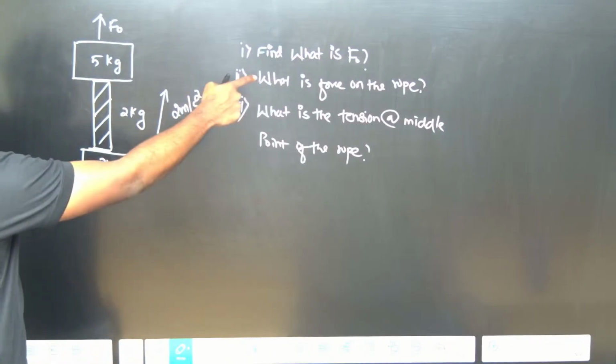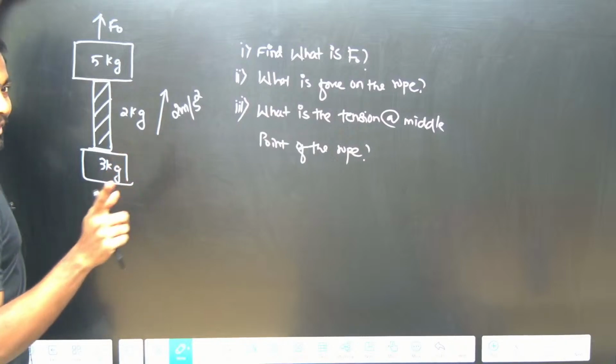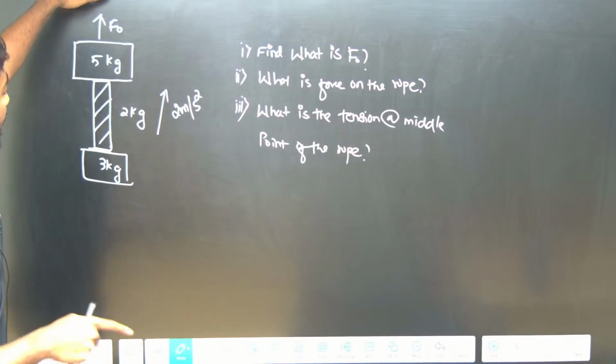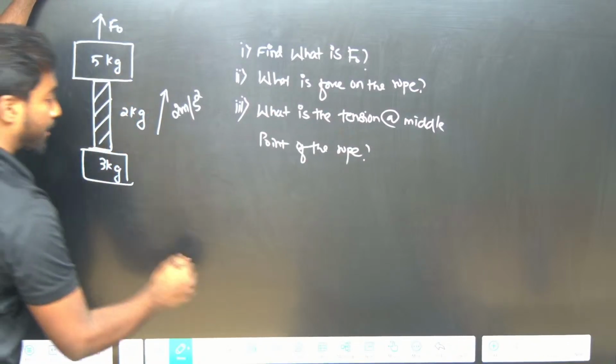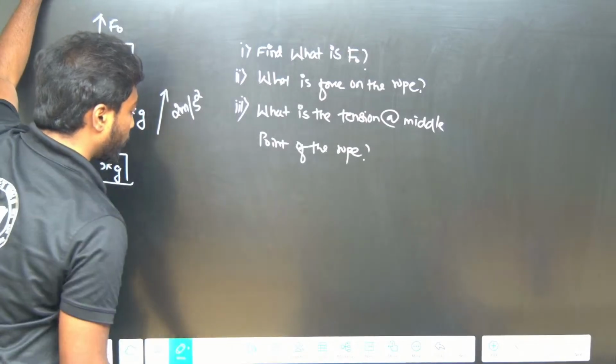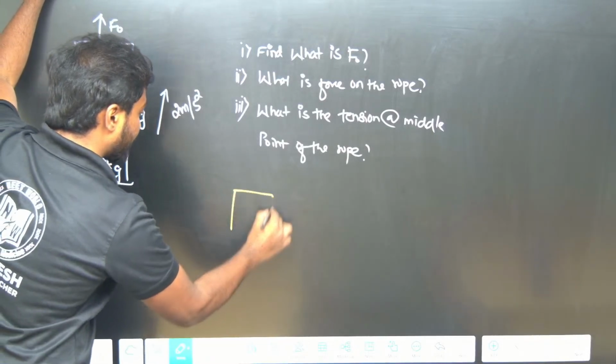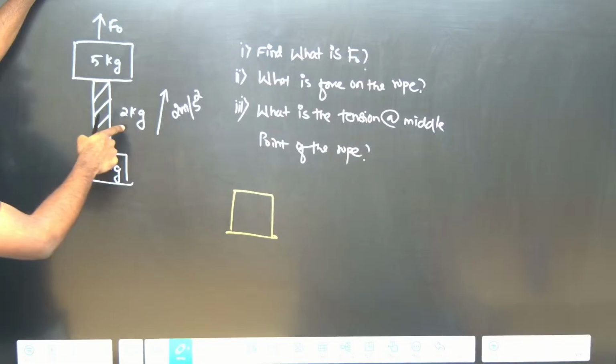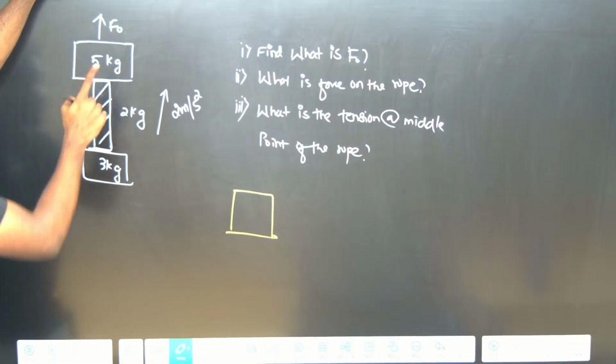So F naught is given. What we can understand here is that the total block mass is 3 kg plus 2 kg, 5 kg, 5 plus 5 is 10 kg.